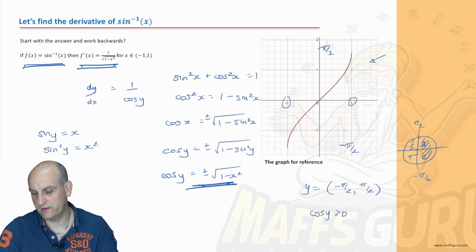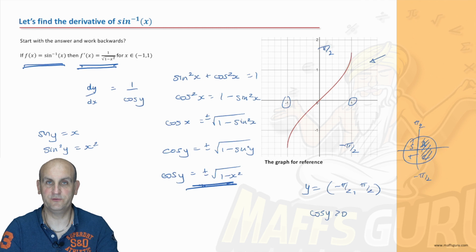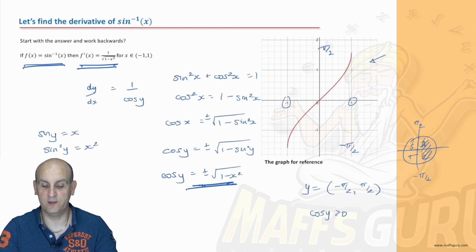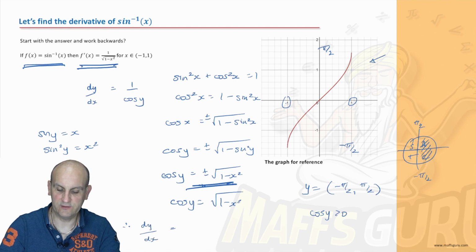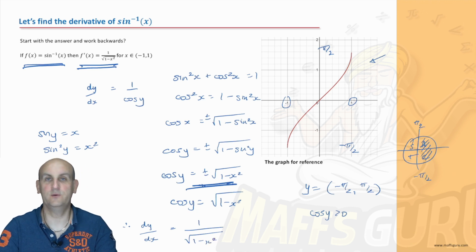If I look at those values, cos is always positive in those functions. So cosine of y is equal to the square root of 1 minus x squared, and therefore dy by dx is equal to 1 on the square root of 1 minus x squared. That's the proof. We'll show how to use it in just a moment.